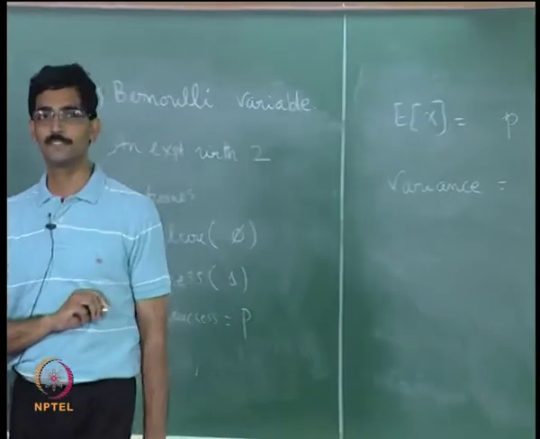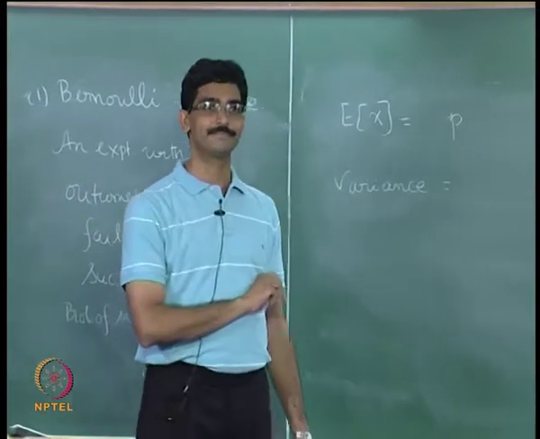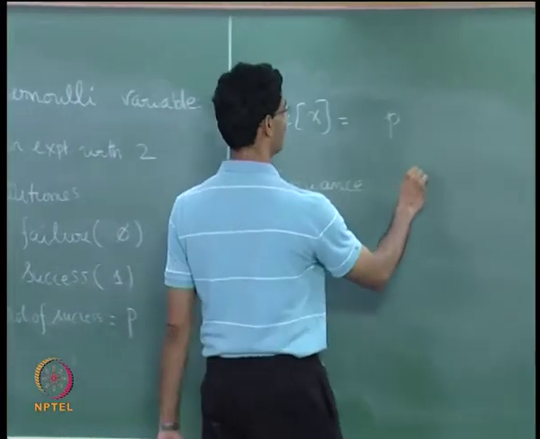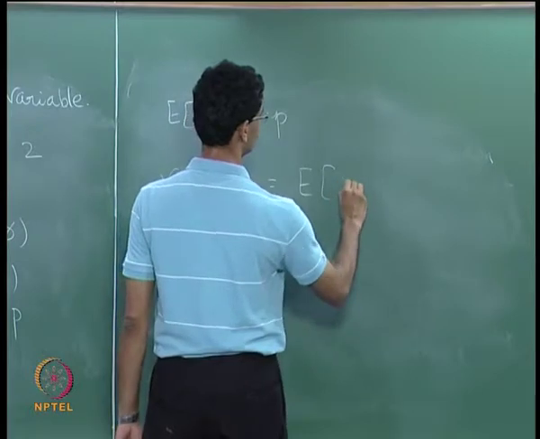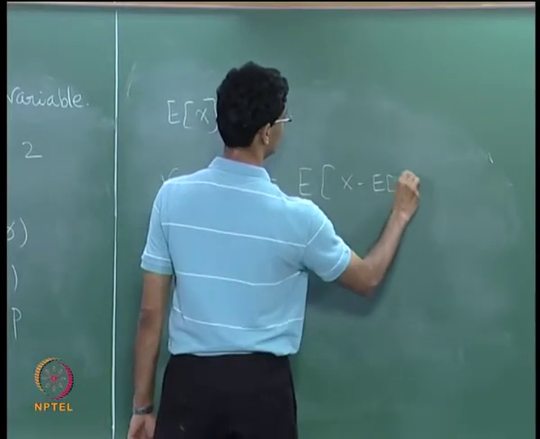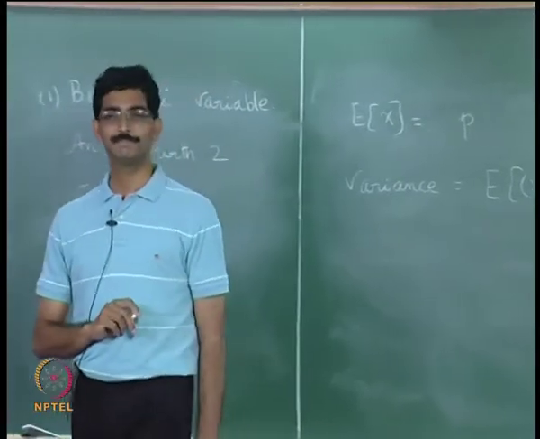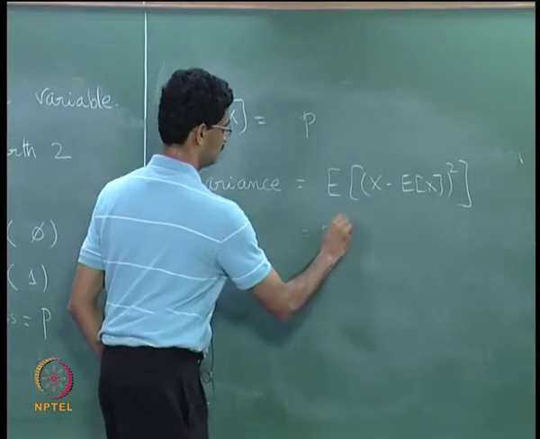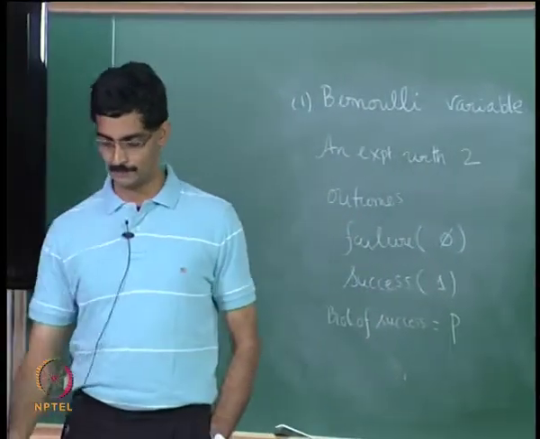What do you define as variance? Is it also P? Is that the variance definition? Right. So this again we will not spend time deriving. It is simply P into 1 minus P.